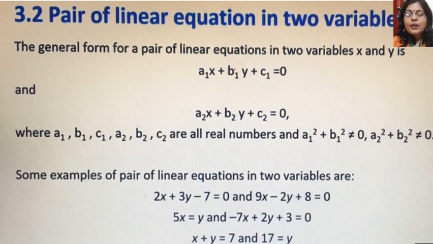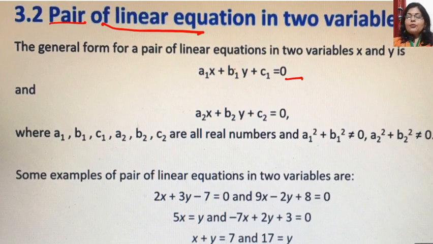What do we get? Pair means two, linear means line, equation means anything equal to some right hand side. So let the two equations be a1x plus b1y plus c1 equal to 0. This is one line and this is the second line: a2x plus b2y plus c2 equal to 0.